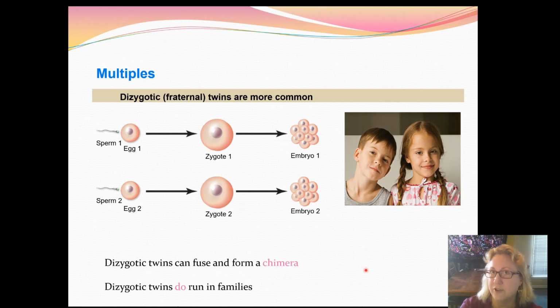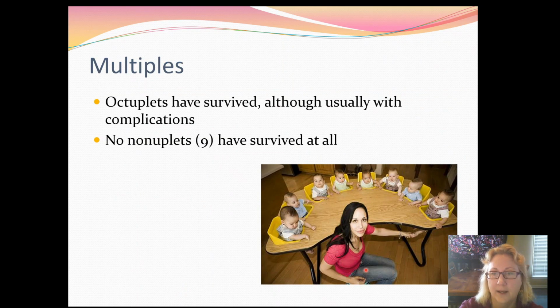Fraternal triplets, fraternal quadruplets are much more common, especially because they can result from fertility treatments and from in vitro fertilization. The most that have ever survived are octuplets, and there are several sets of octuplets now that have survived, although they almost always have complications because they're going to be extremely premature. An 8-baby pregnancy is an extremely high-risk pregnancy.